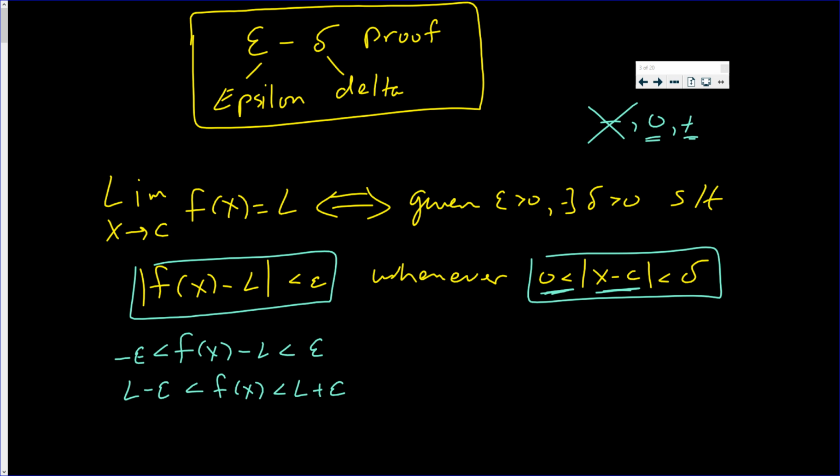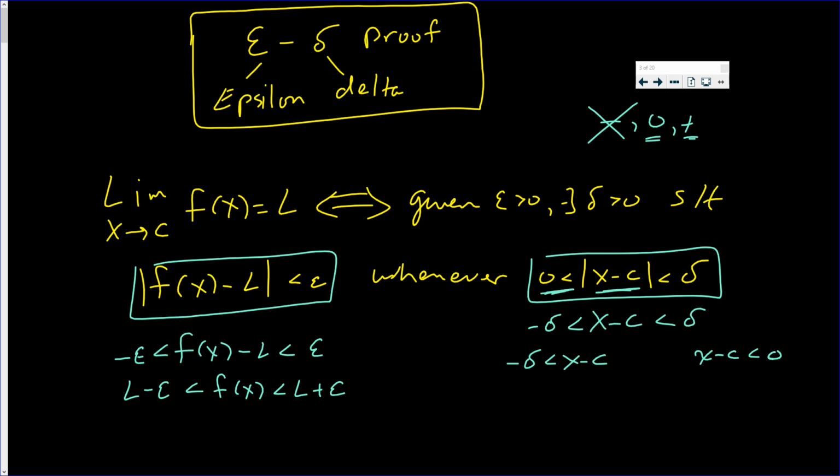It can be 0. So we're excluding 0. If we just ignore that for a moment, this says that x minus c is between negative delta and positive delta. This means that negative delta is less than x minus c, and x minus c is less than delta. I need a little bit more space anyways.